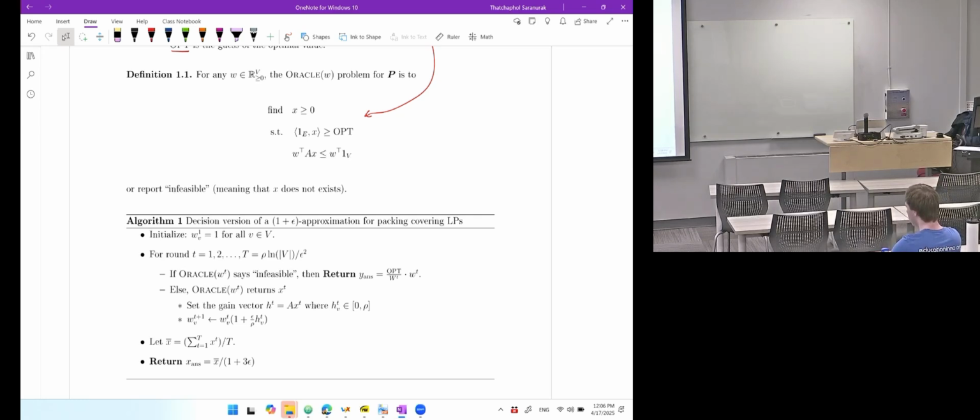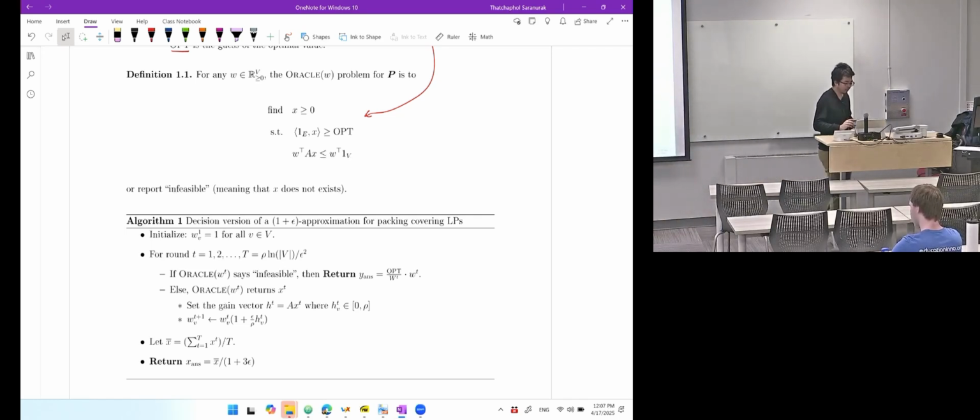It returns some xt. This xt defines the gain vector. From this gain vector you update the weights for each constraint of the primal LP. At the end you compute the average of all the x and scale it down by a bit, and you return x.